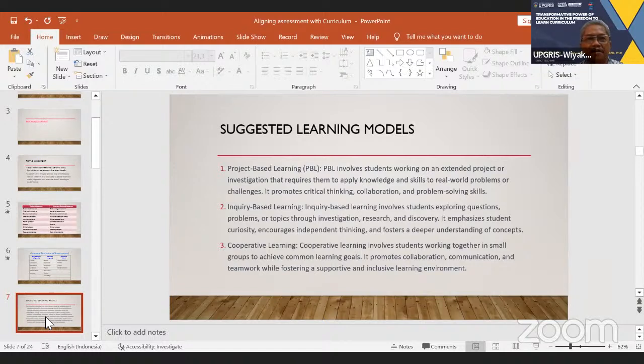Now, until the present time, we get the terminology of 6 C's and so on. Among others, collaboration, communication, creativity in learning. So cooperative learning is very suggested in the new curriculum.